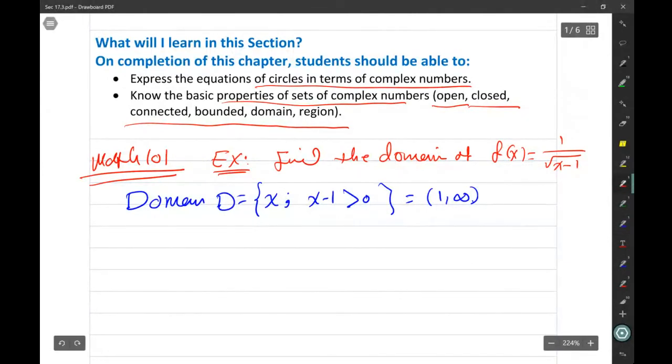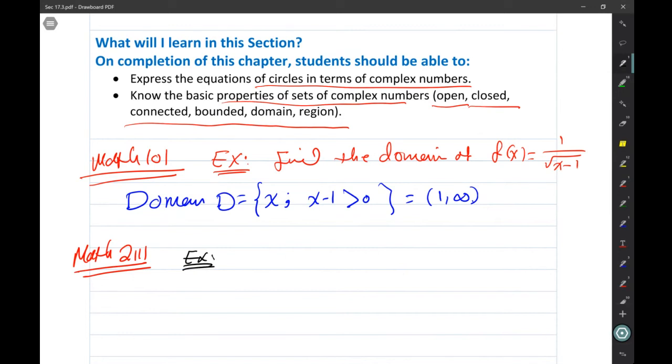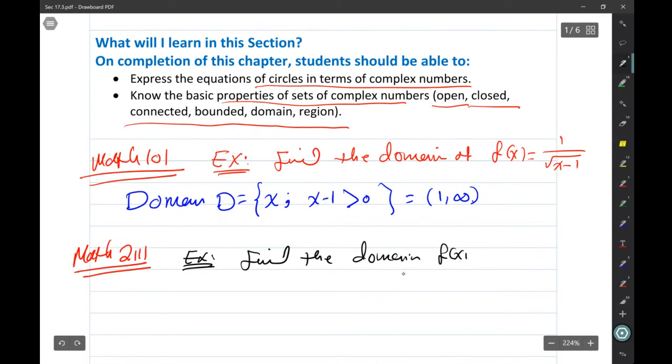Now, if you remember in Calculus 3, Math 211, when we asked you to find the domain of a two-variable function, the function f of x y equals 1 over the square root of x minus y.